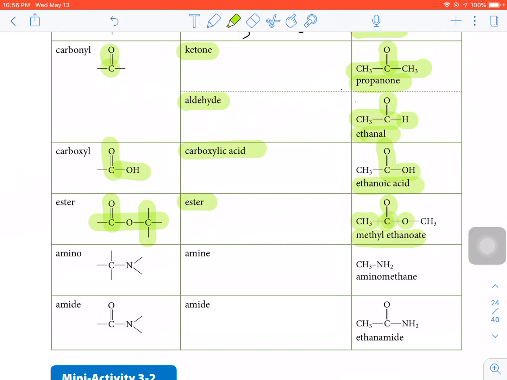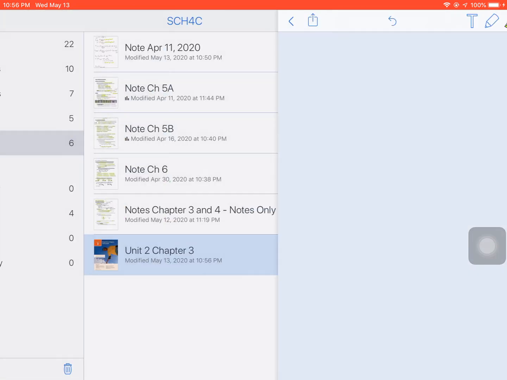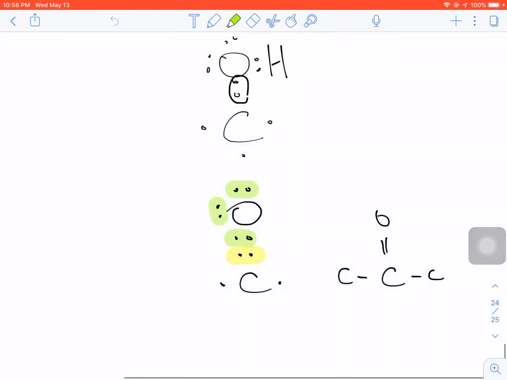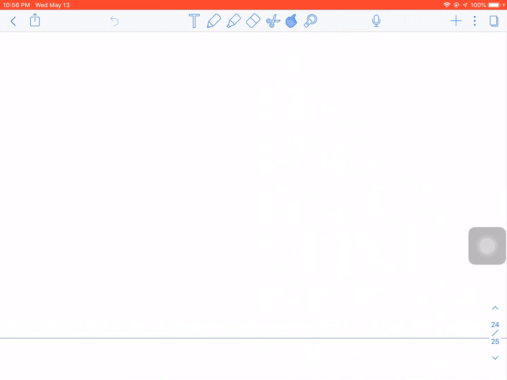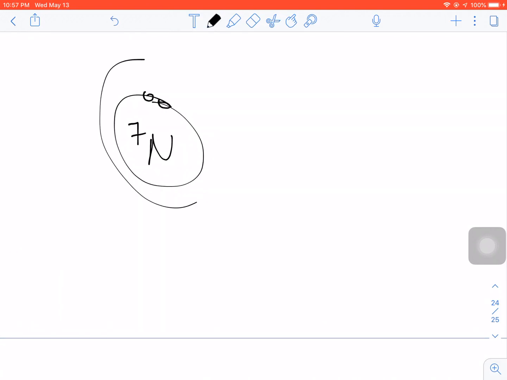One of them contains the hydrocarbon group, and on the end of one of the carbons, instead of having a hydrogen there, there's going to be a nitrogen there. Nitrogen is number 7 on the periodic table, so it's got 2 and 1, 2, 3, 4, 5 electrons. So to draw a Lewis dot diagram for nitrogen, 1, 2, 3, 4, 5, right?